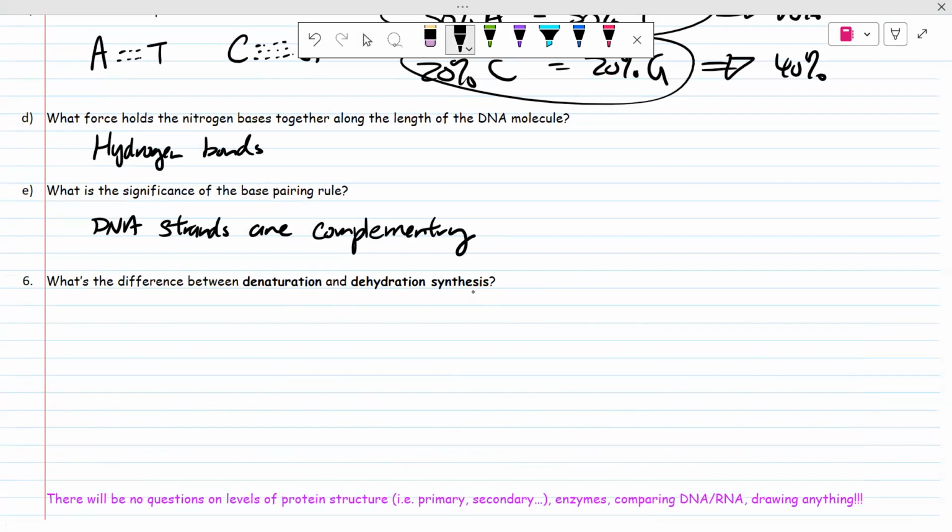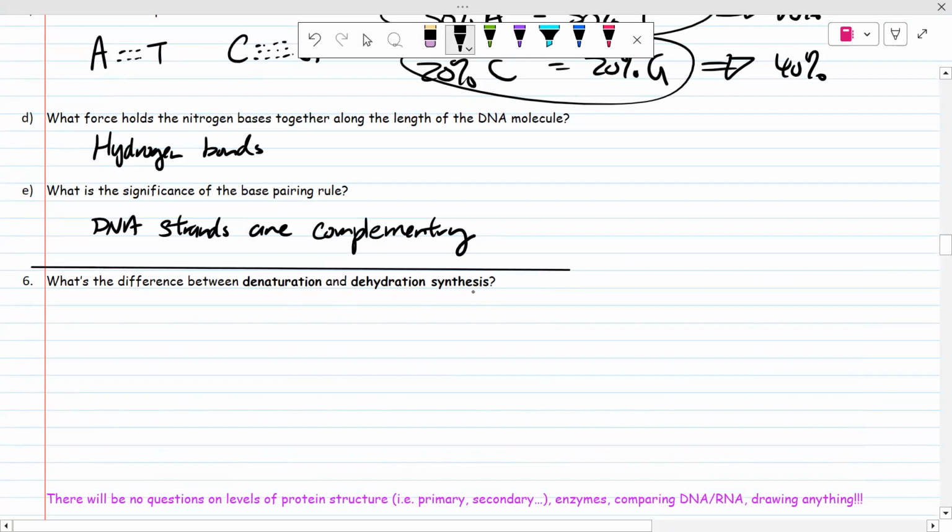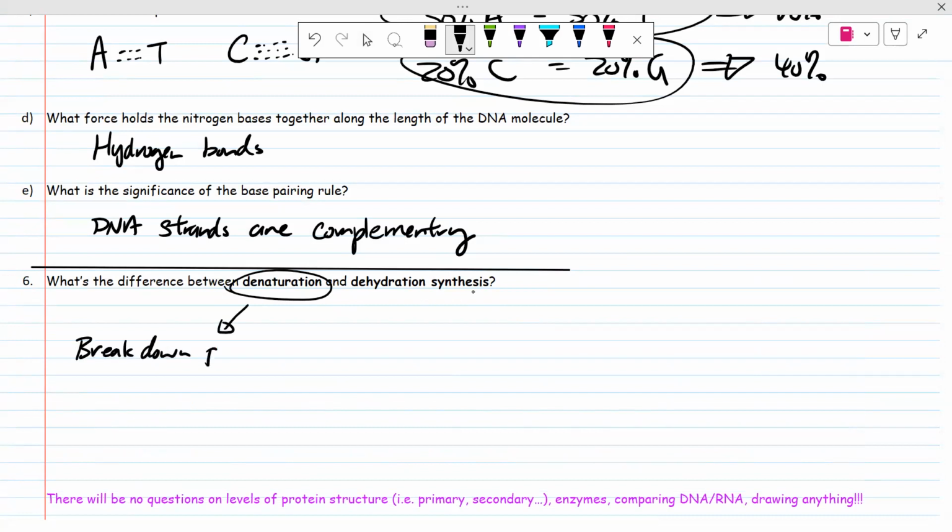Okay, a random question not related to DNA now. Denaturation versus dehydration synthesis. Denaturation is what happens when you break down a protein structure, using heat, changing pH, or changing the solution.